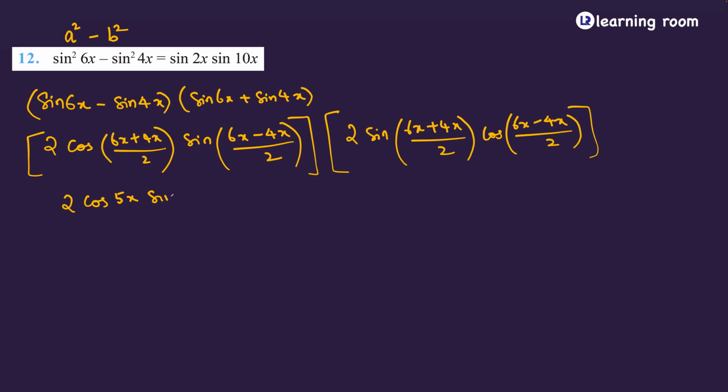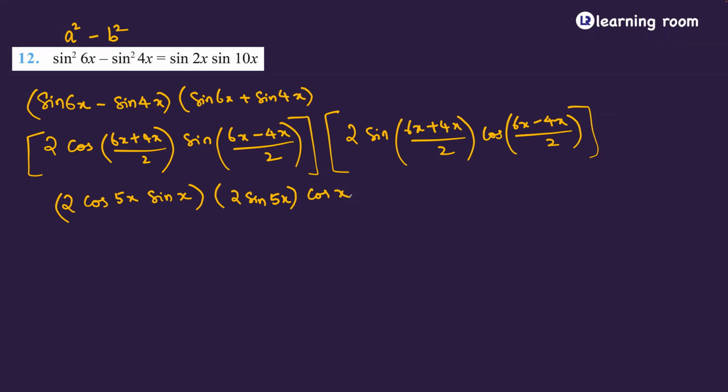Here I'll get sine of 2x by 2, which is going to be x. Here we'll get 2 times sine of 6x plus 4x by 2, which is 5x, into cos of 6x minus 4x by 2, which is going to be x.